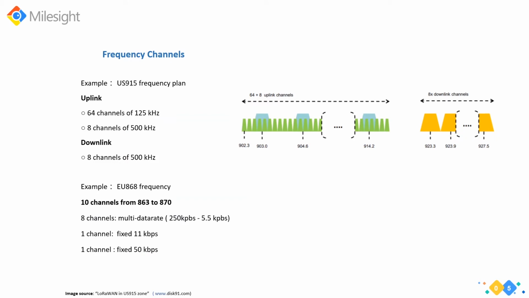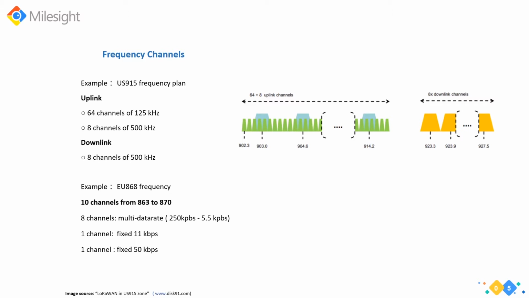So there are frequency plans. For example, in the United States, the band is called US 915. It goes roughly from 902 MHz to 928 MHz. US 915 is a band with a fixed number of channels.